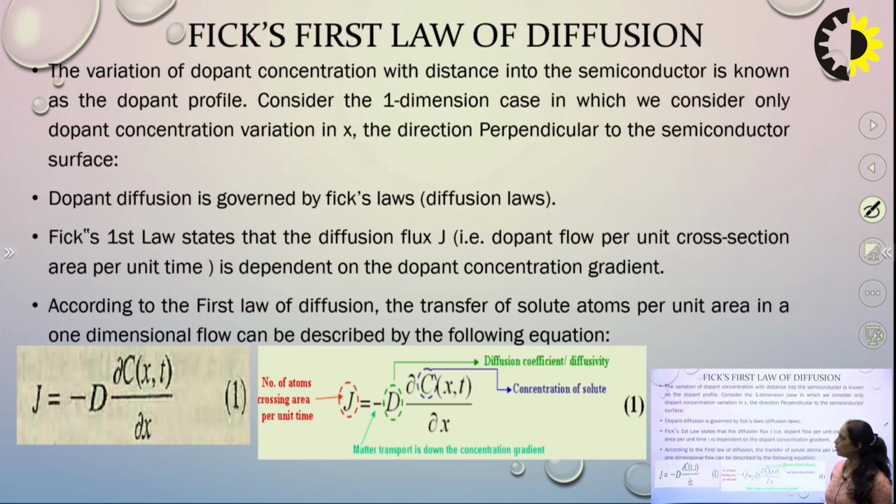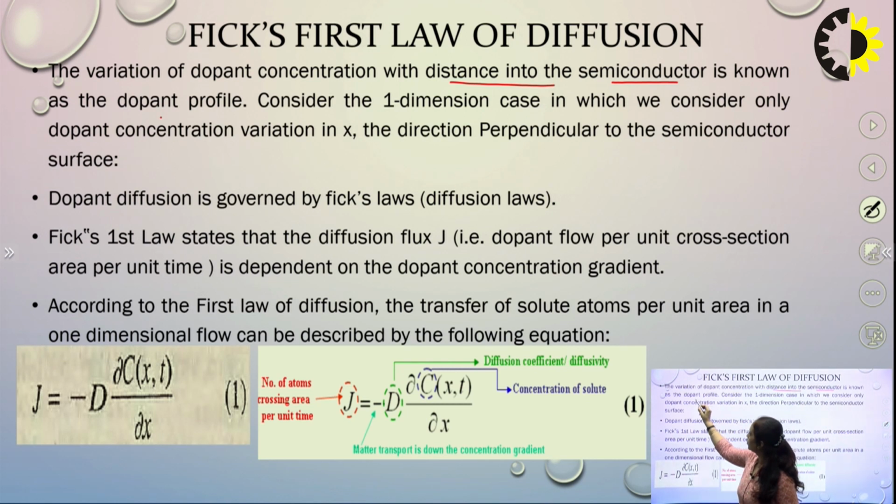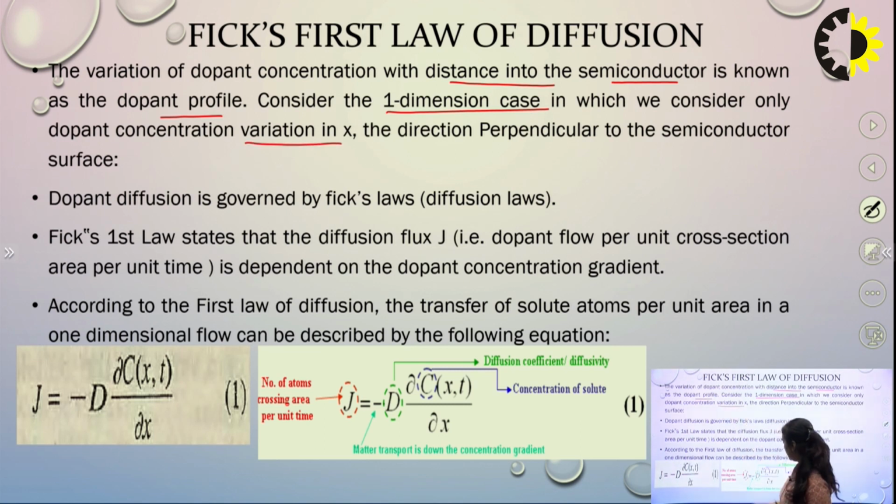Now, we can write this Fick's law in terms of an equation. The variation of dopant concentration with distance into the semiconductor is known as the dopant profile. Now, consider the one-dimensional case in which we consider only the dopant concentration varying in the x direction.